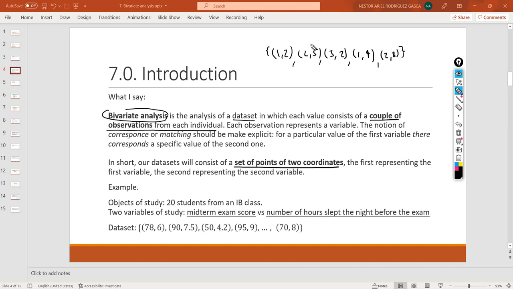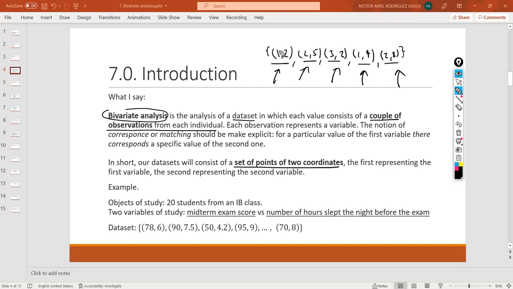It's a set which has points of two coordinates as its values. We have the first value in my data set, the second value, the third value, the fourth value, and the fifth value, and each of those values is a point of two coordinates.